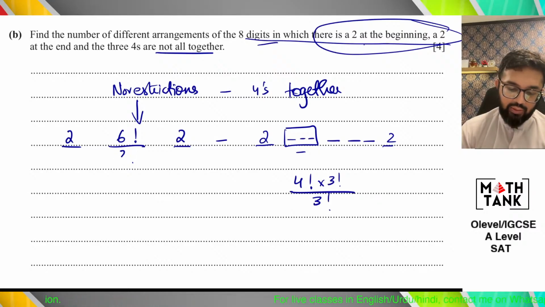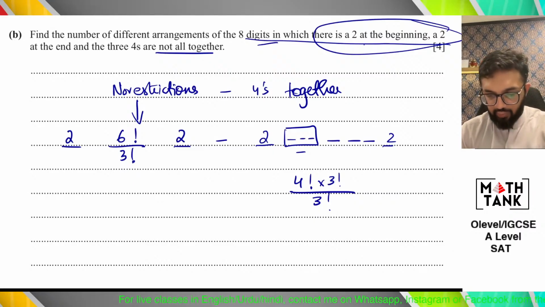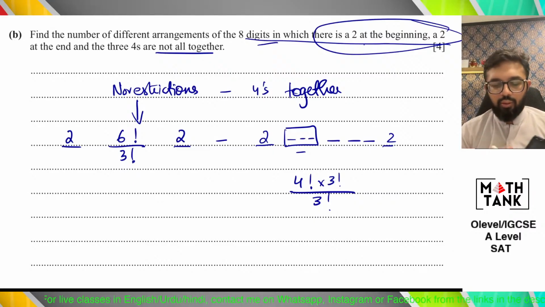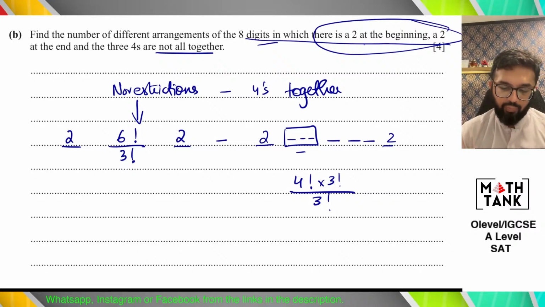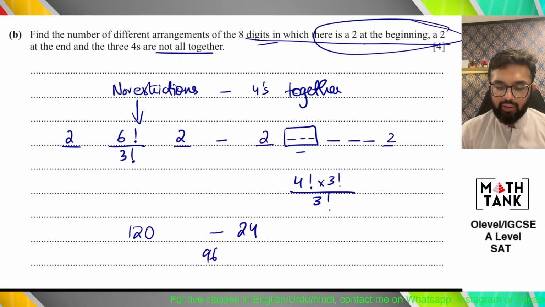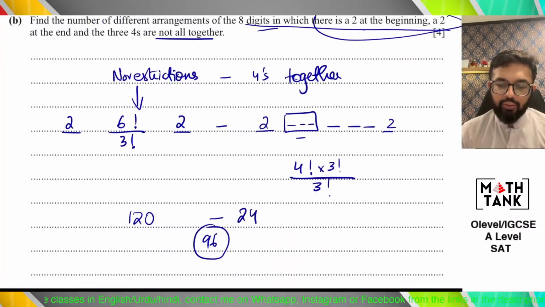Sorry, this is 3 factorial, not 4 factorial, because of the three fours. 120 minus 96. I hope that's the correct answer. Yes, that is the correct answer.